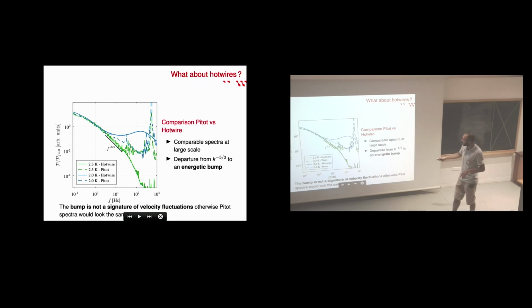In helium-2 you have the pitot that has slightly more energy at large frequency, but what we see with the hot wire is a large, big bump. So first, we must insist on something, which is that this is not velocity fluctuation. Otherwise, the pitot would have the very same bump here. So what can it be? Let's look at this.